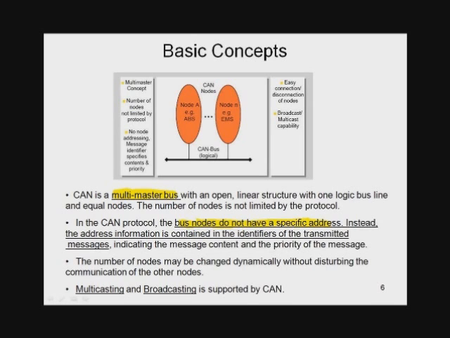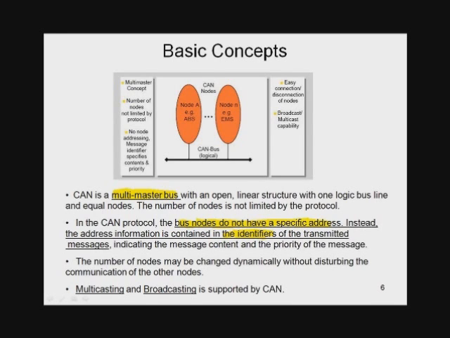We'll look at the format, but there's something called an identifier within the data frame, and by using those identifiers each of the potential receiving nodes can determine whether they are the node that should accept that particular message.